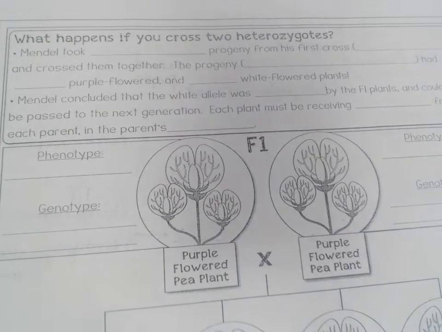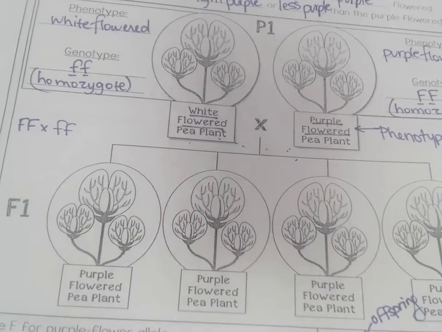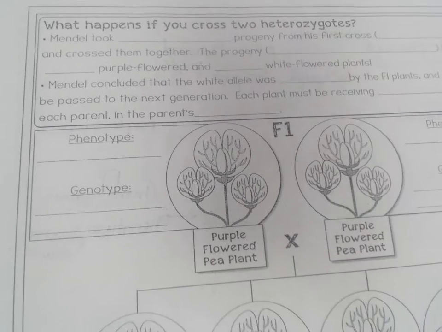So what happens if you cross two heterozygotes? So now let's say we take two of these and we cross them. Remember, those are the heterozygous ones that are big F, little f. So what happens when we cross those? So let's put some words to that. Mendel took the progeny.